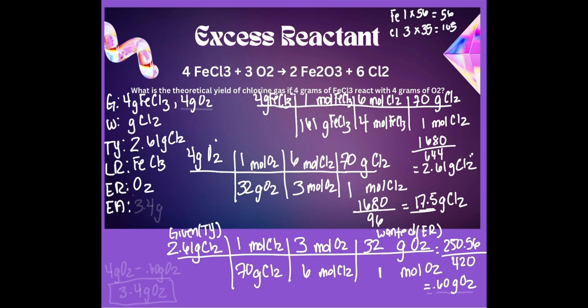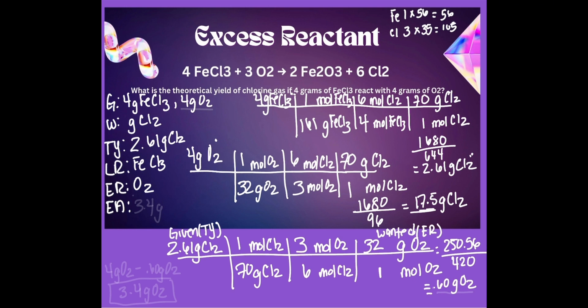Okay, so this is your excess used. This is how much excess was used, 0.60 grams of O2.